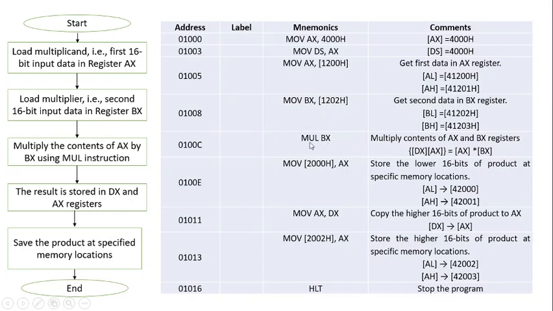By using this instruction we will multiply AX and BX, and the result will be stored in the DX and AX registers. Now we will move the lower 16 bits of the product to these memory locations. Then we will move the higher 16 bits of the product to AX from DX, and then we will store these higher 16 bits to these memory locations.